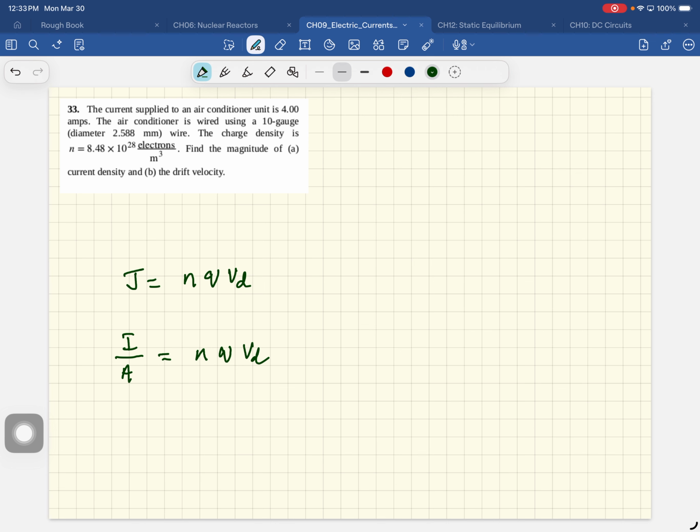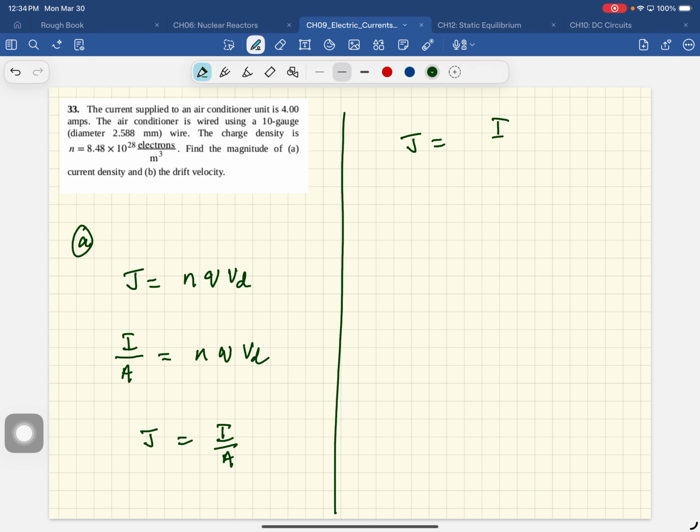So what is it that we're trying to find? The current density. So J is, N is given, the current density is I over area. I over pi.